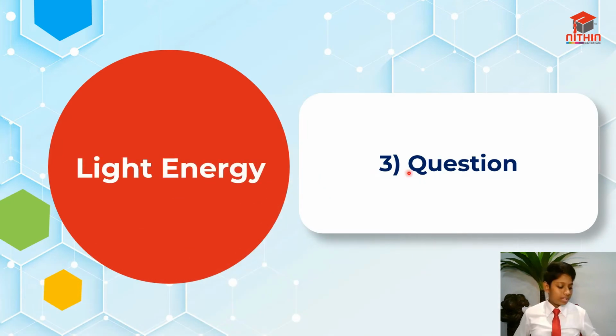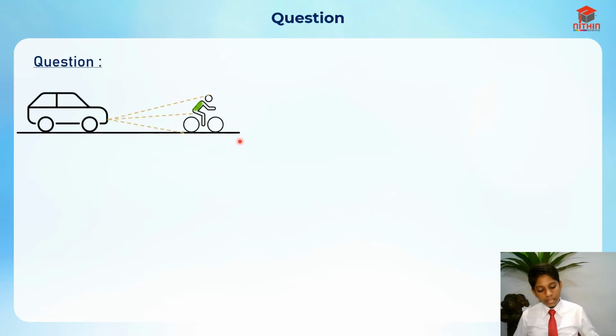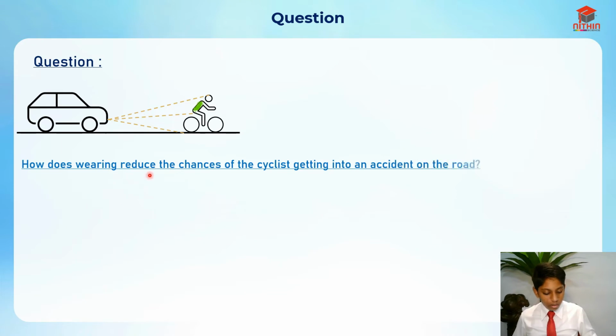Now for the third segment of this video, I'm going to go through a question, and this will help you understand. This question is basically: how does wearing a reflective vest reduce the chances of a cyclist getting into an accident on the road?